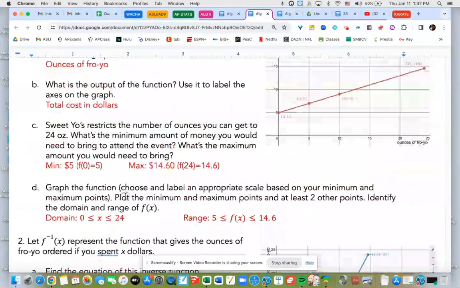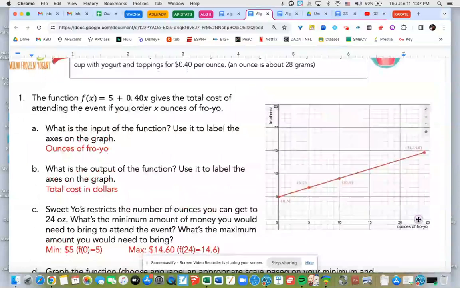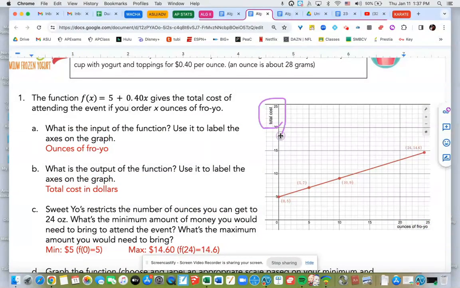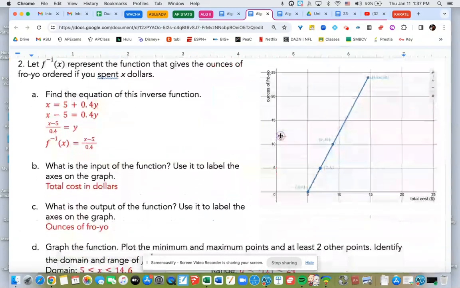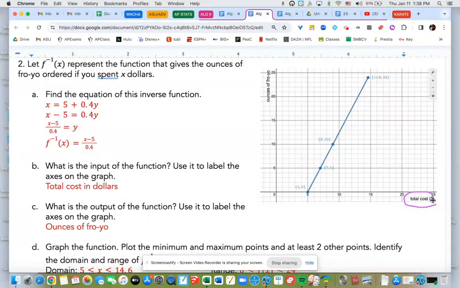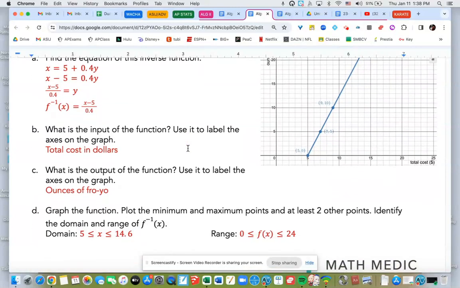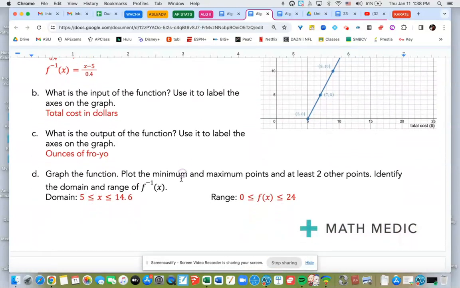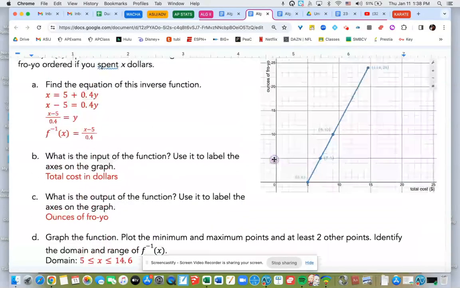You can see on the graph, we're going to do that next, but you can see on the graph here that we inputted ounces and we outputted the total cost. When you do the inverse, you're inputting the cost and you're outputting ounces. So the units have switched, the x and the y have switched on us, okay? All right, so that's what they say, graph the function.